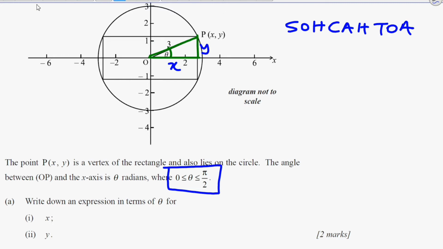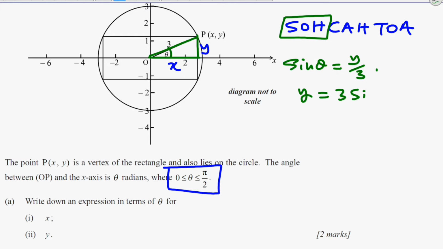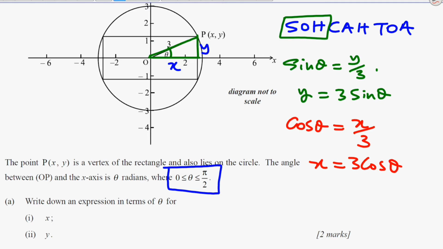you know that sine is opposite over hypotenuse. So you can say sine theta will be equal to y over 3, which means that y will be equal to 3 sine theta. And then we also have cos theta equal to x over 3, which means x is equal to 3 cos theta.